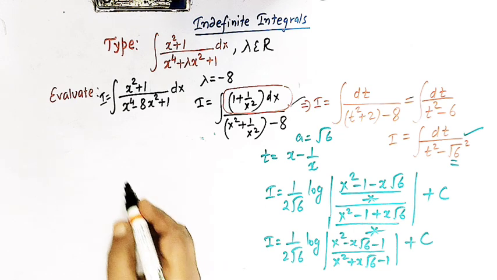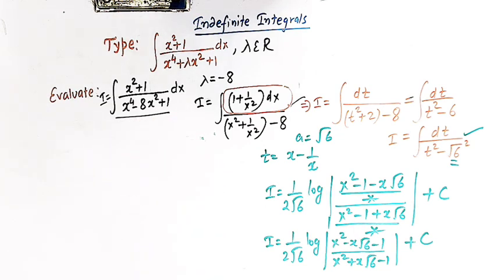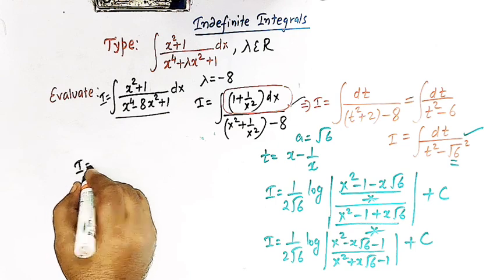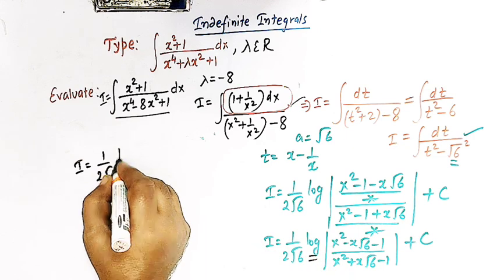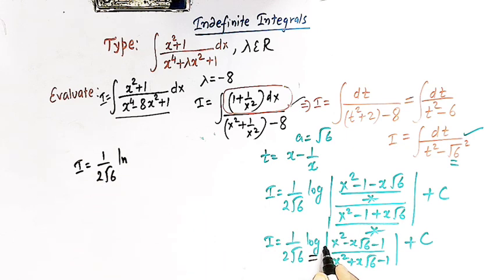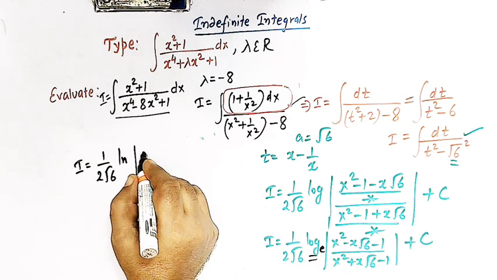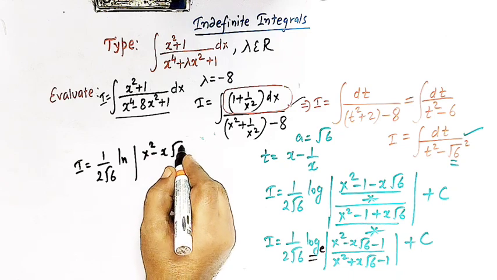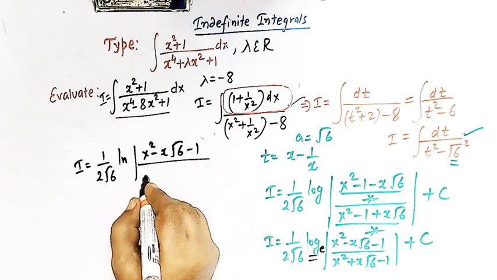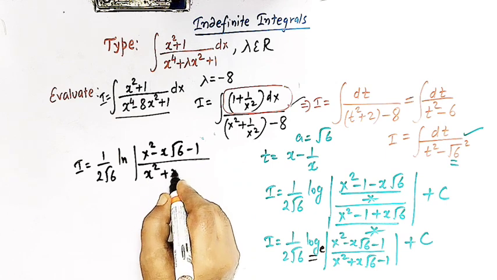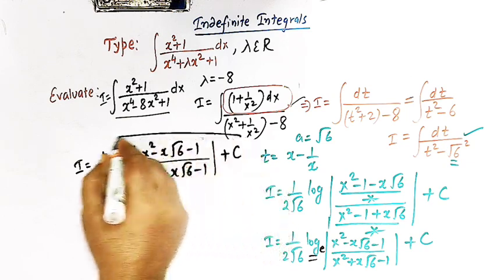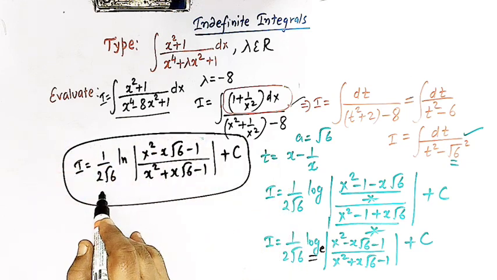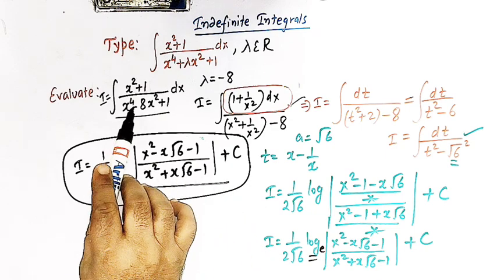So now the required value of this integral I is given by I is equal to 1 over 2 root 6, and here this log may be written as ln, with base e, and here we have (x square minus x root 6 minus 1) divided by (x square plus x root 6 minus 1), and c is the constant of integration, right? So this is the required value of this integral.